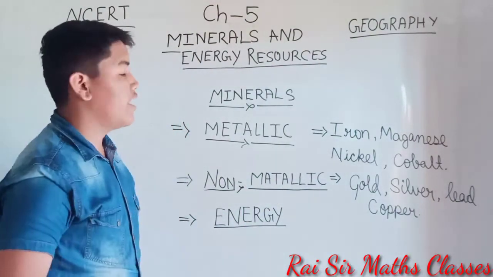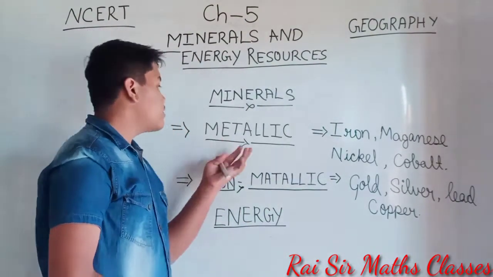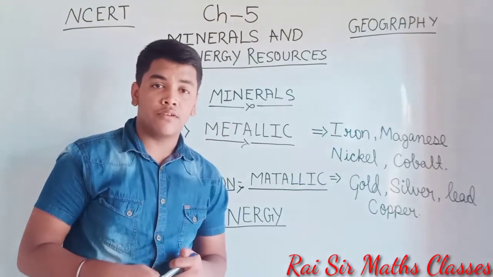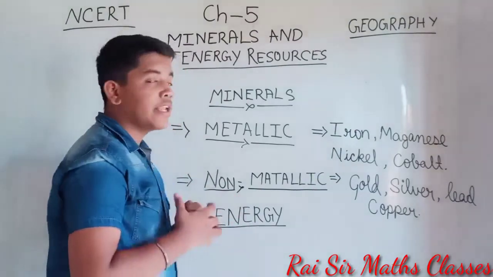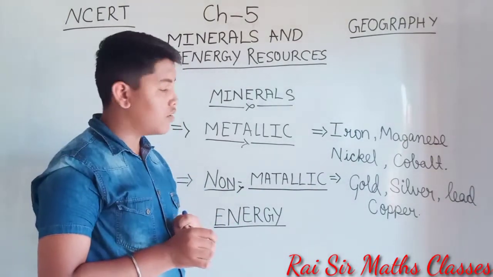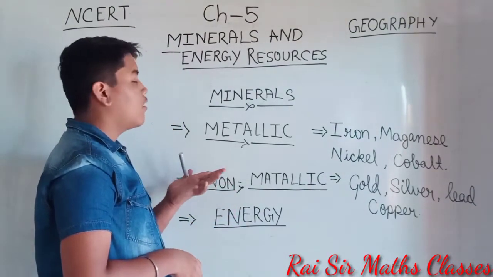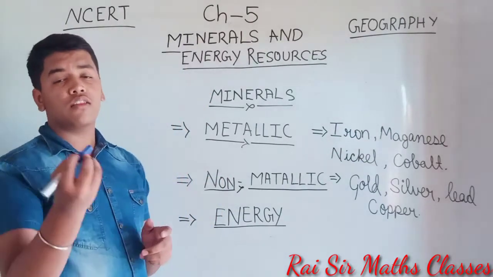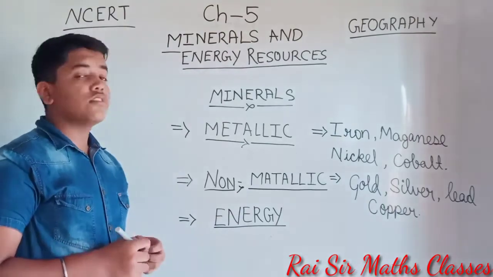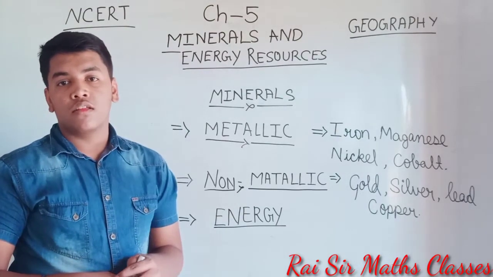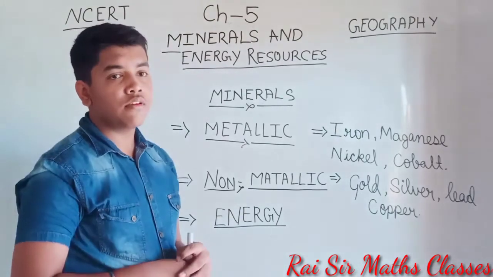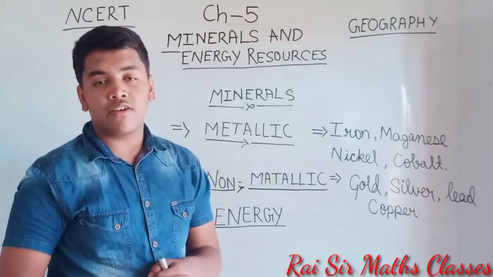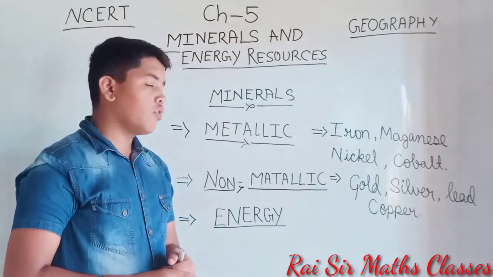I am going to tell you about the metallic and non-metallic minerals in some more detail and with some examples. Metallic minerals, as I told you, have a presence of metals, and non-metallic have an absence of metals. So what is the basic difference between them? A question arises. What will you tell? It is in really simple terms: metallic comprises metals and non-metallic comprises non-metals.